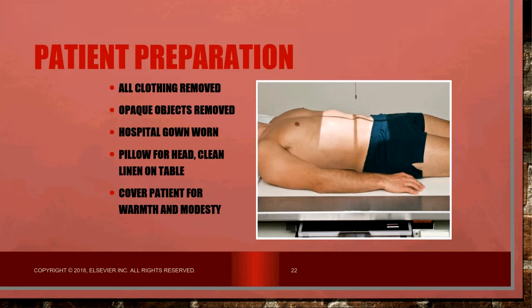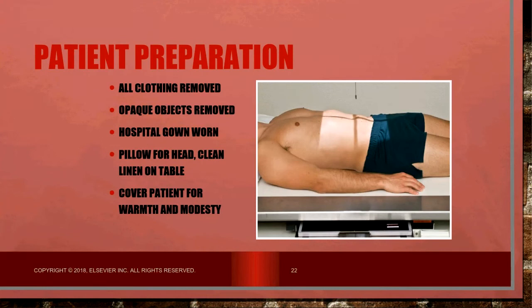When we talk about patient prep for an abdomen study, recognize that the patient has to remove all of their clothing and any radiopaque objects in the area that's going to be imaged. So the abdomen typically starts at the diaphragm, the superior border, and the inferior border is the pubic bone.